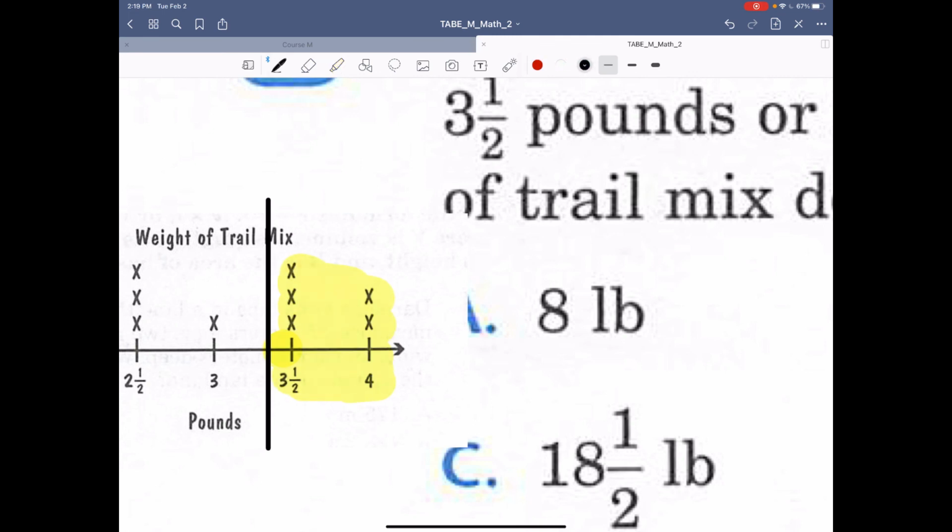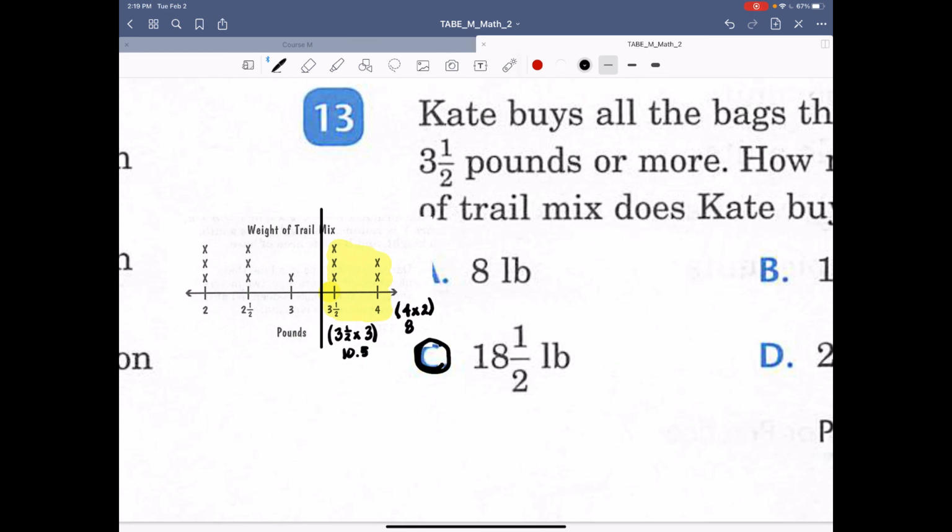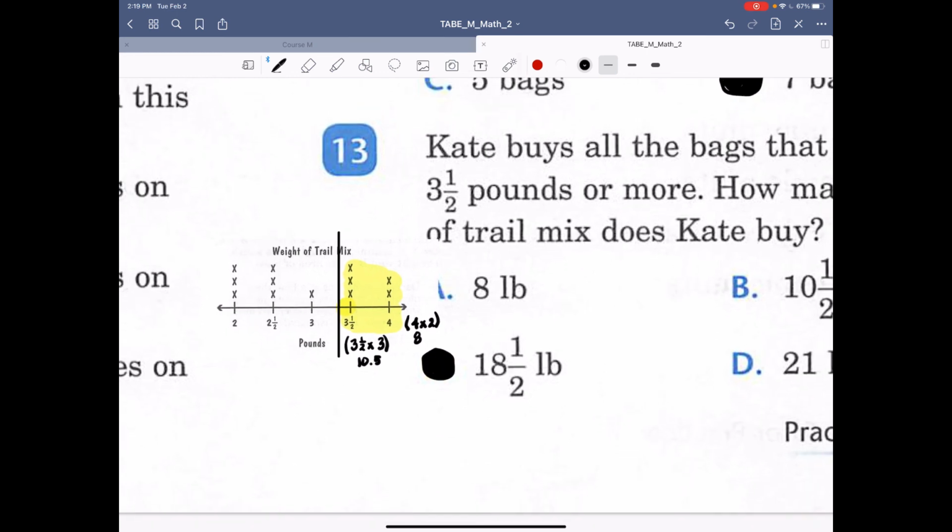It's not how many bags, it's how many pounds. We have to do some work. 3.5 times 3. Use your calculator. I believe that's 10.5. And then 4 times 2 is 8. 10.5 plus 8 is 18.5. So she bought C, 18.5 pounds of trail mix.